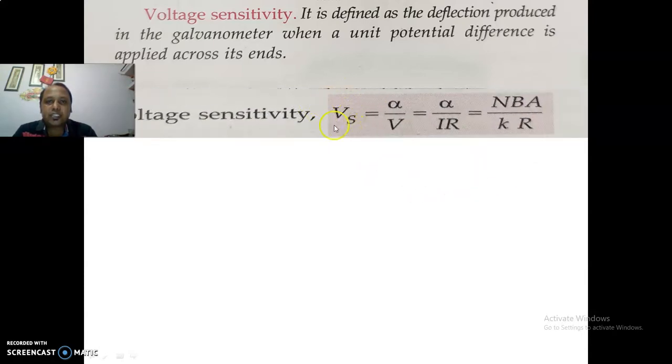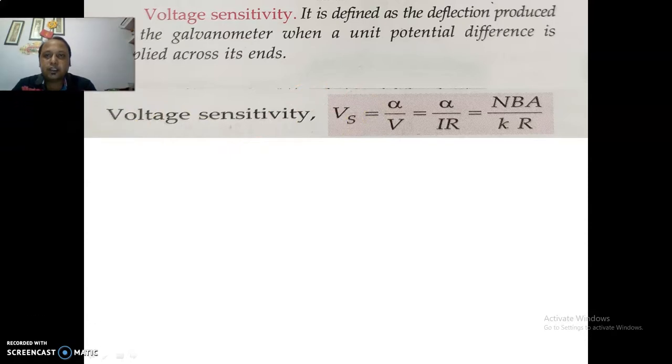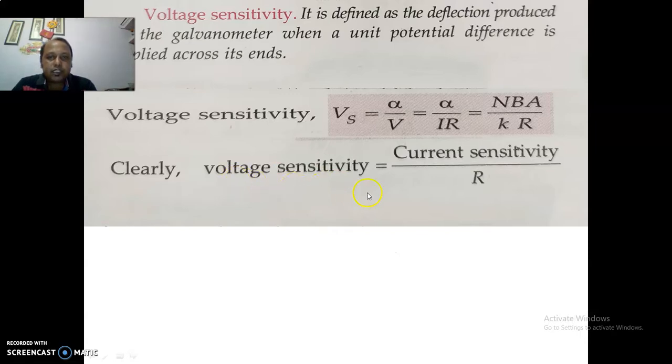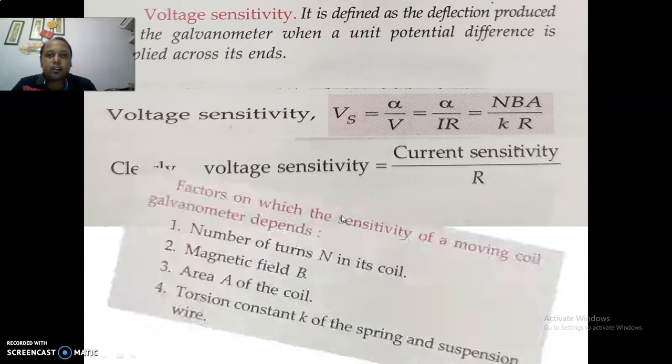Vs represents the voltage sensitivity, which is alpha upon V, and V is IR, so it is alpha upon I divided by R, and alpha upon I is the current sensitivity, whose value was NBA upon K, divided by R. So obviously voltage sensitivity can be considered as the current sensitivity divided by the resistance. I hope this is very clear to you. Here you see, voltage sensitivity is equal to current sensitivity divided by the resistance of the rectangular coil of the galvanometer.